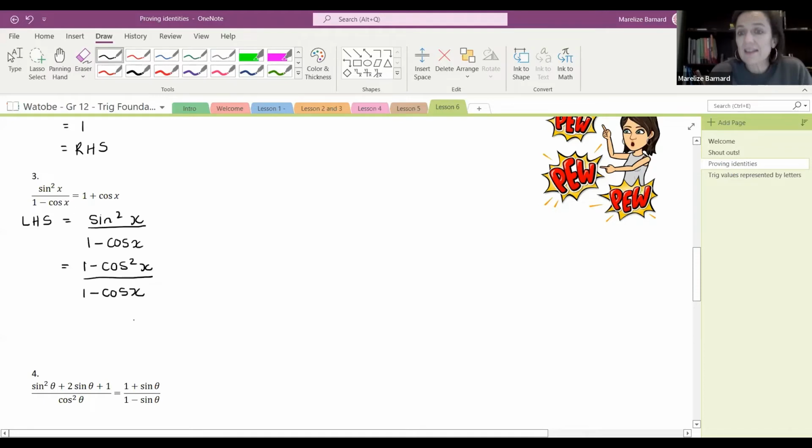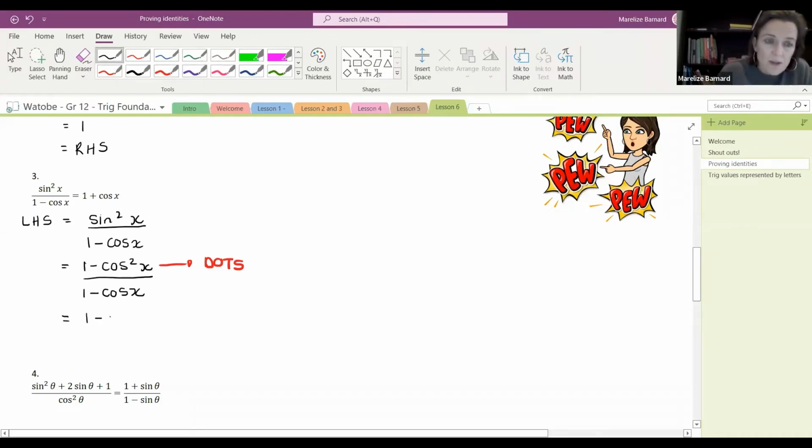Okay, in the chat, Site is saying factorize the top. I agree. What we've got at the top here is the difference of two squares. So difference of two squares and trinomials, all that factorizing applies to trig terms as well.